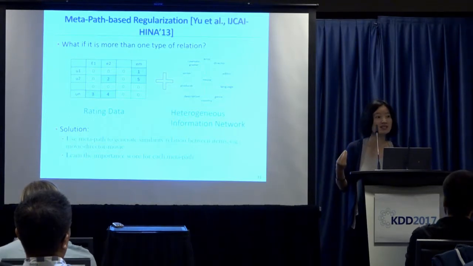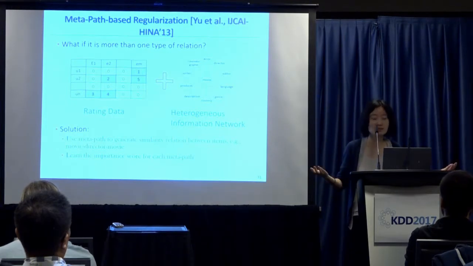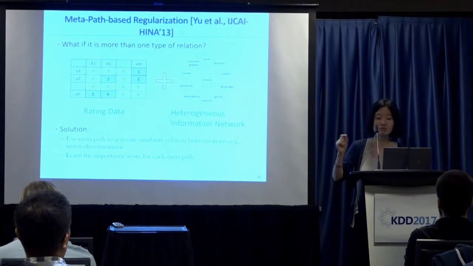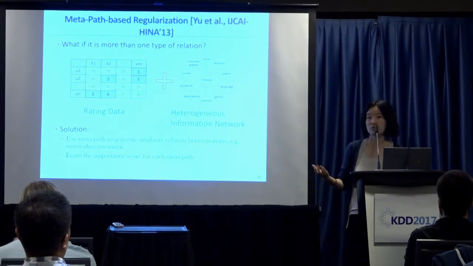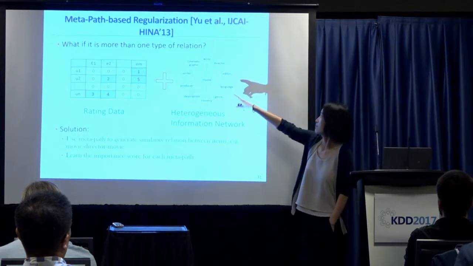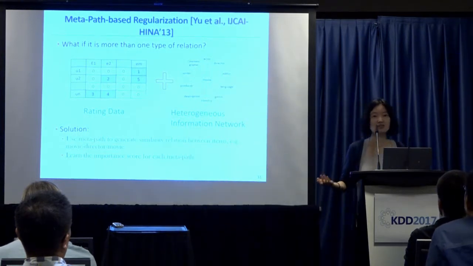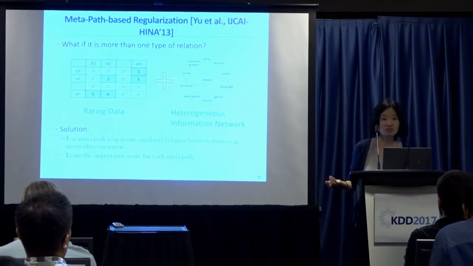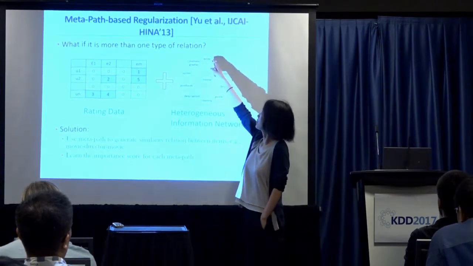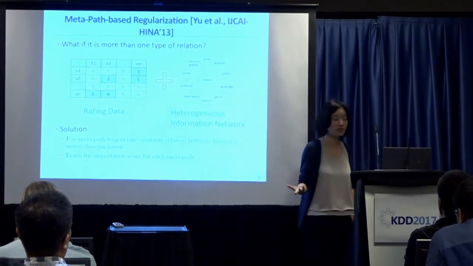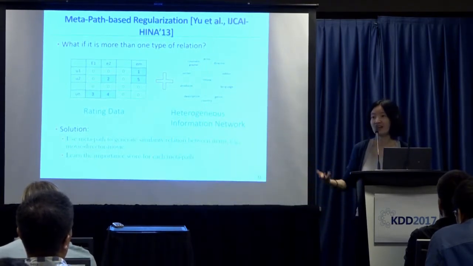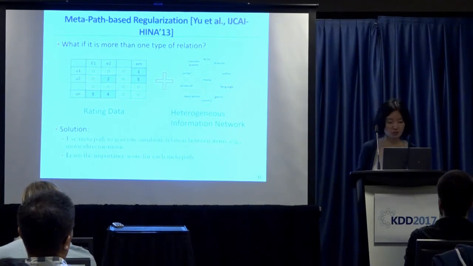It represents the similarity between two movies. Why are they similar? Because they are directed by the same director, right? And we also can use something like movie, actor, movie to say that two movies are similar because they have the same actor or actress. So you can do this a lot, right? If we confine our length to 2, then we can pick any type of entity here and go back to movie. It's a length 2 meta path and can determine the similarity between two movies.